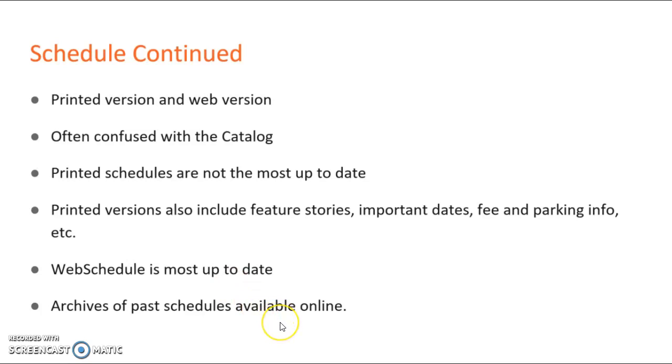The other thing you should note is that there are archived copies of past schedules that go back several years. So why might you want to know about past schedules? Well, you might want to see what the history of offerings are per semester, right? So that it can help you plan out your schedule, like, okay, this class is only offered in the fall historically, or what did they offer in the summer last year?